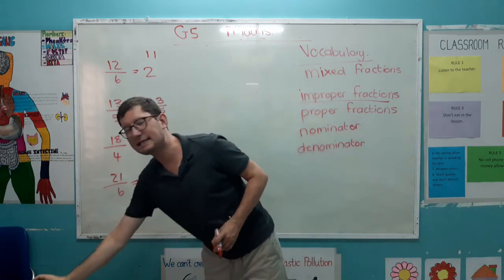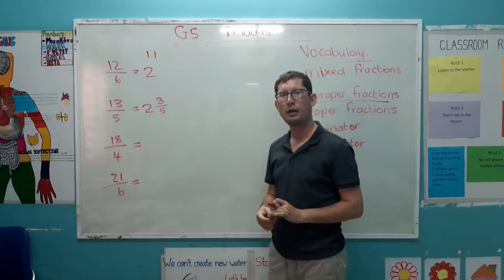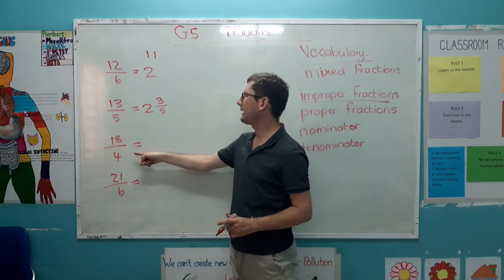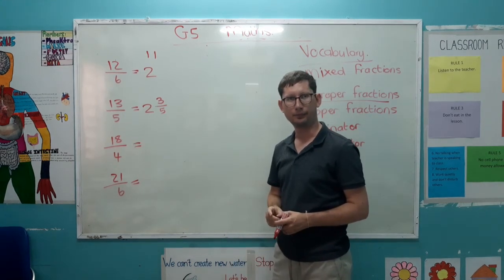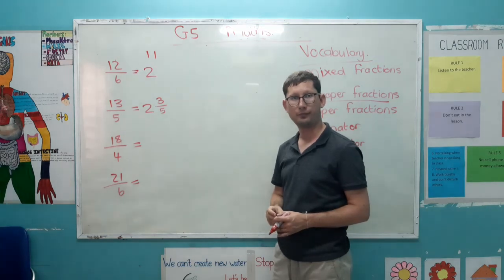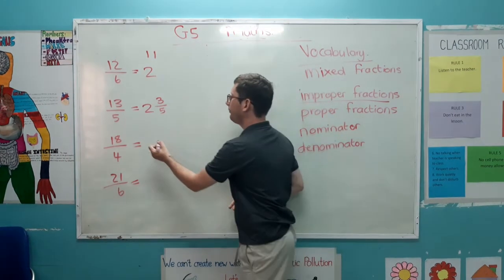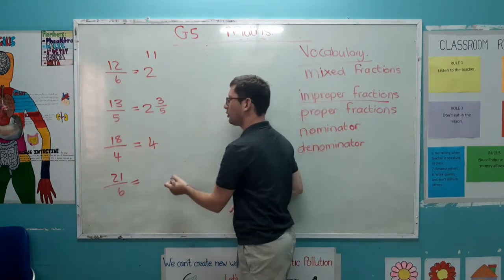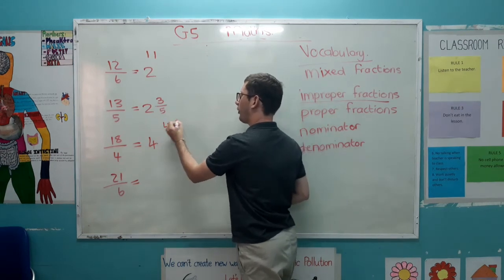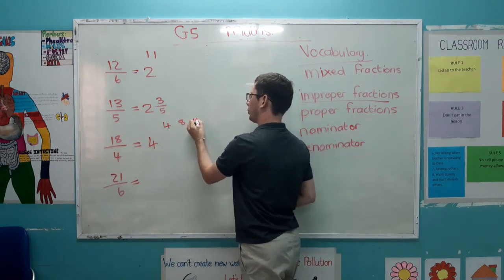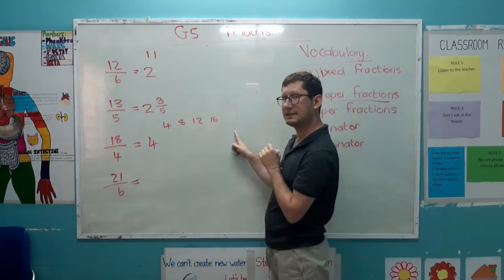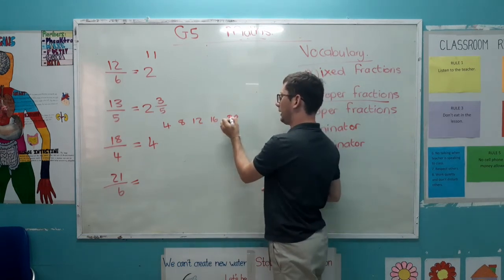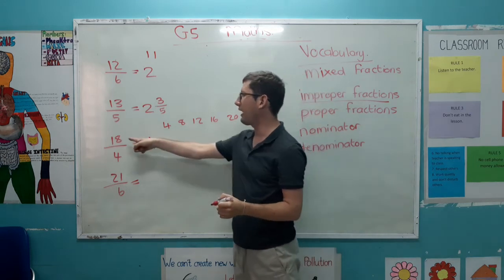The next one is 18 over 4. How many times does 4 go into 18? It is 4 times because we have 4, 8, 12, 16. What's after 16? It will be 20. But 20 is greater than 18.